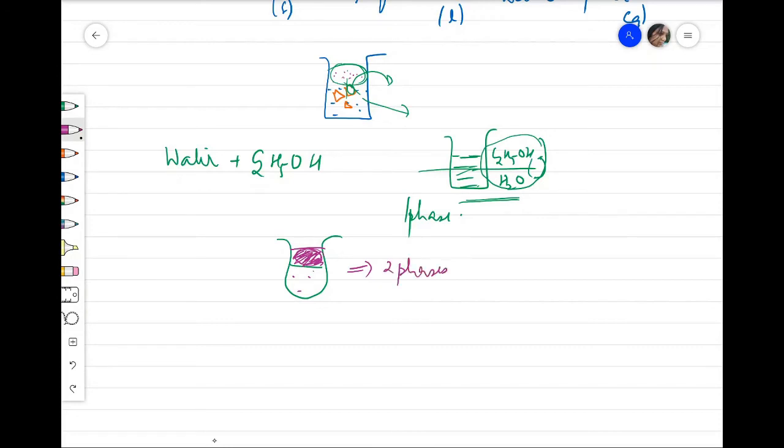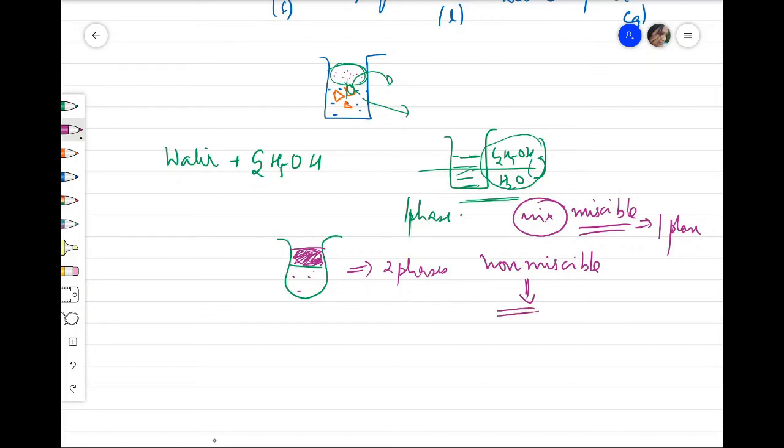So if two liquids are miscible, then they will exist in one phase. If they are non-miscible, we will have different phases, depending on the number of components and how many layers we get, that many phases.